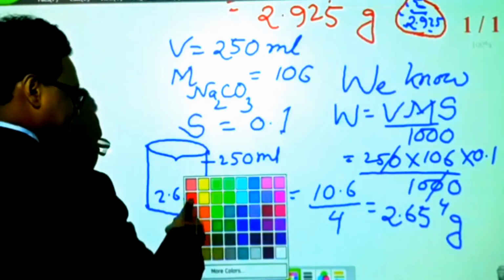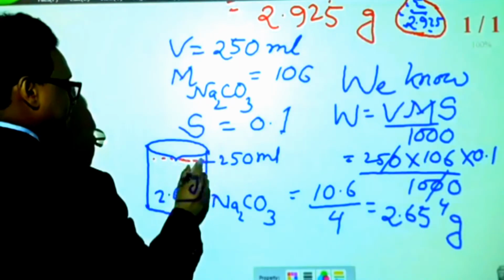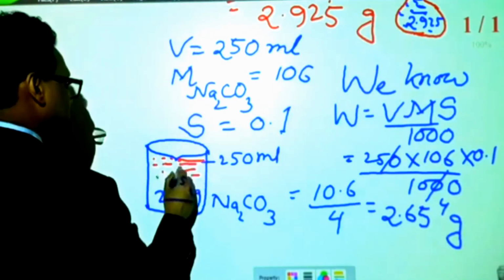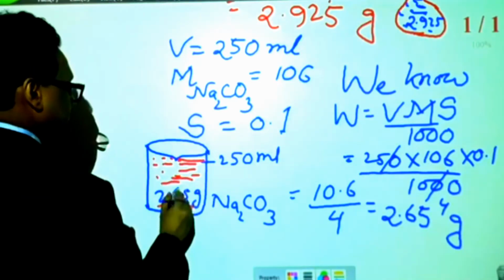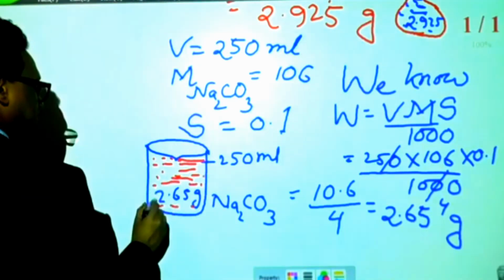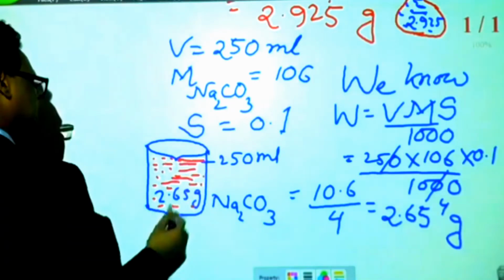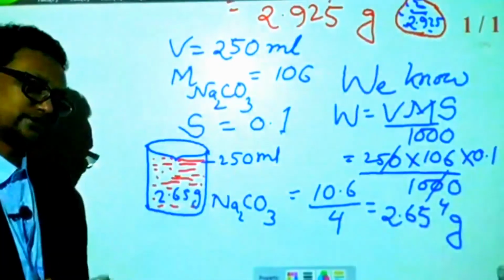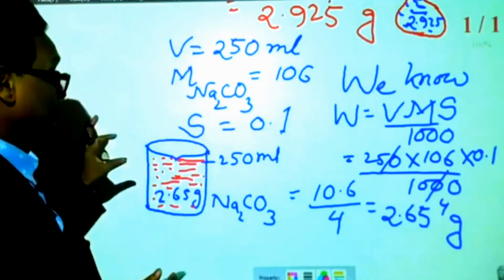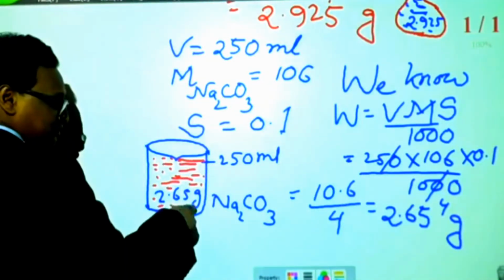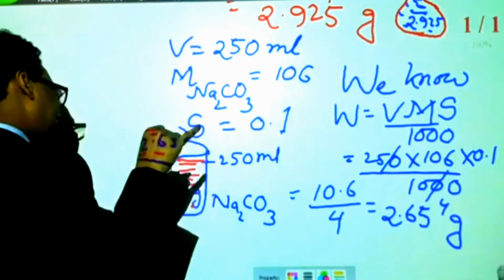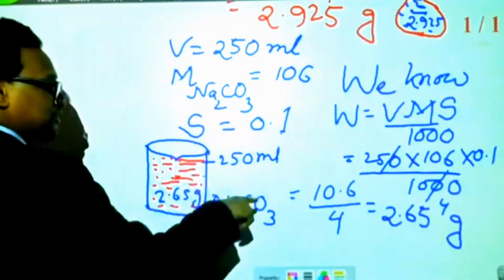So the volume will be like this, not more than 250 milliliter, and the water won't be 250 milliliter. The total volume of the solution will be 250 milliliter. So my dear, you have to take 2.65 gram sodium carbonate, and we have to pour the water up to the 250 milliliter level.